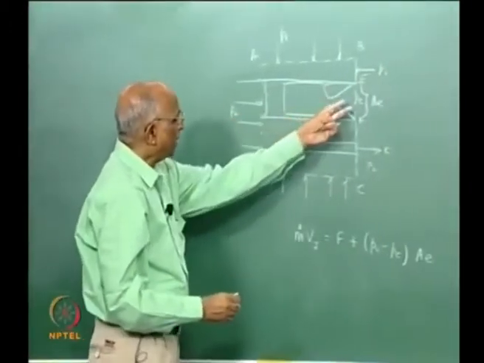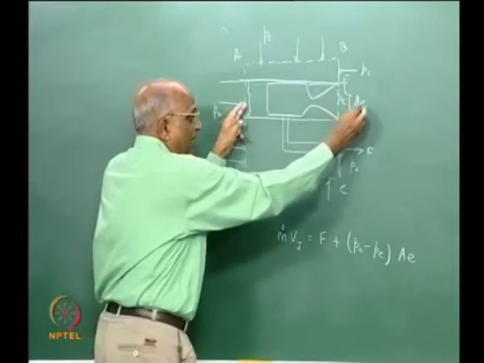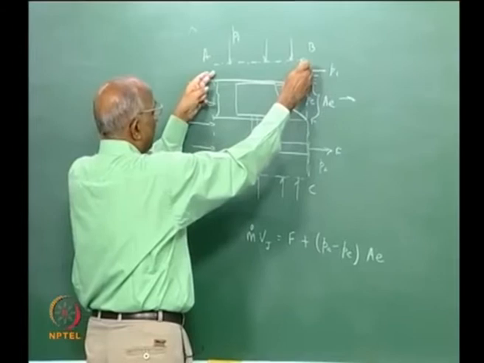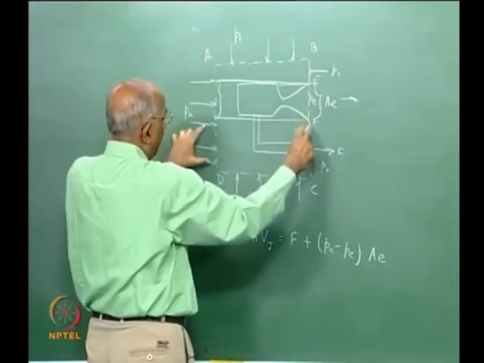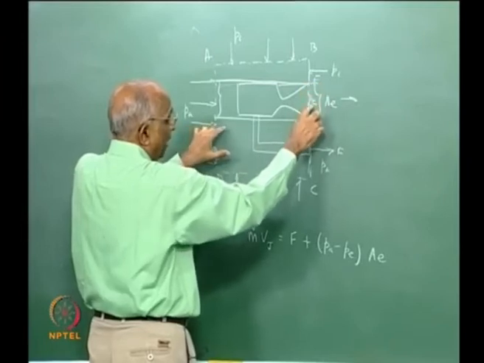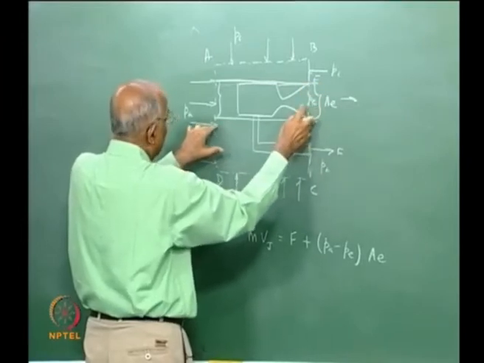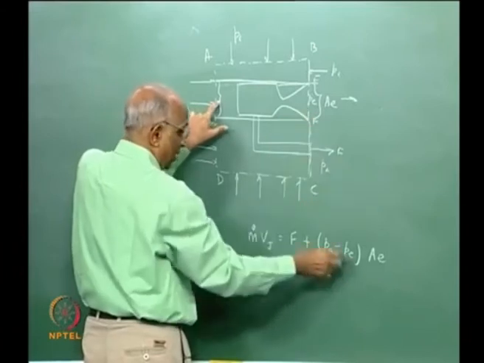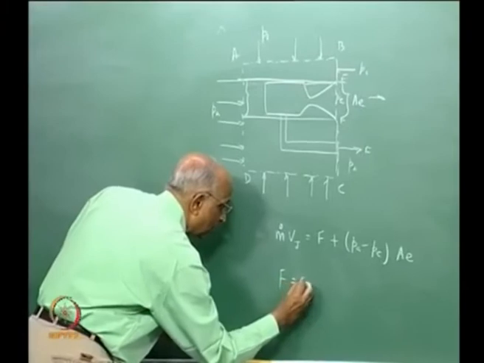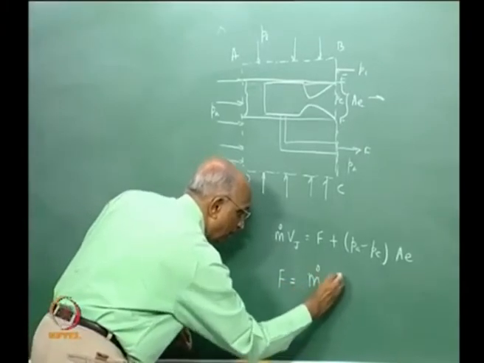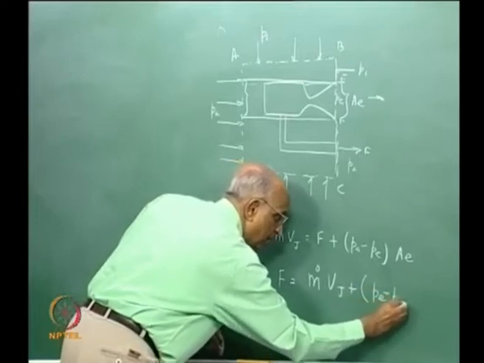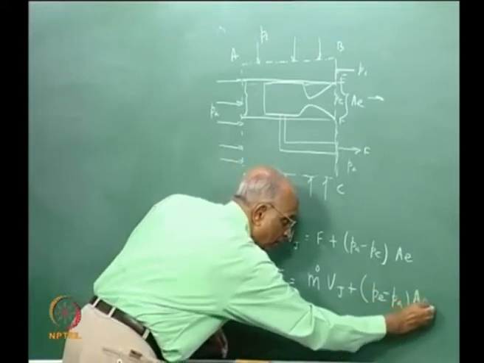PA minus PE is the unbalanced force in the axial direction, because in all other cases this pressure balances this part, and therefore only over AE I have an unbalanced pressure, PE into AE in this direction, PA into AE in this direction. Therefore the net thrust is equal to m dot into Vj plus PE minus PA into the exit area.